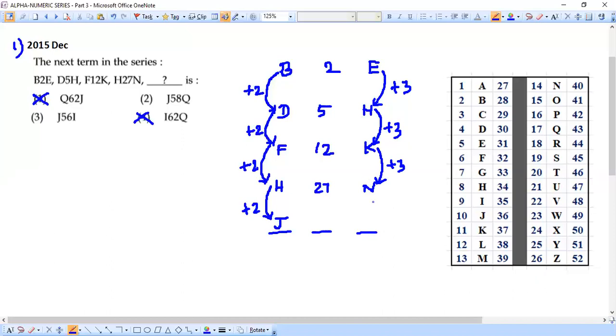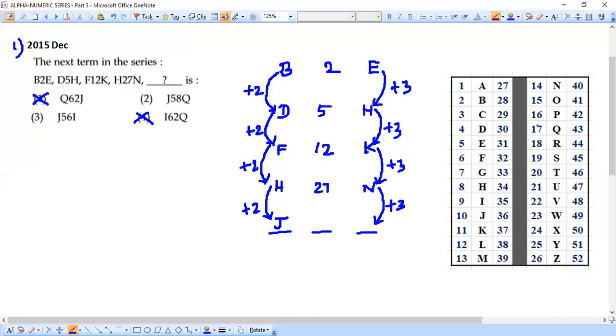Very easy, right? That means from N, to find the last letter of our missing term, we need to do the same plus 3. See, for the first letters they were doing plus 2, plus 2, plus 2, and with that we got the first letter. And for the last letter, the pattern they are following is plus 3, plus 3, plus 3. So here we need to again do N plus 3.